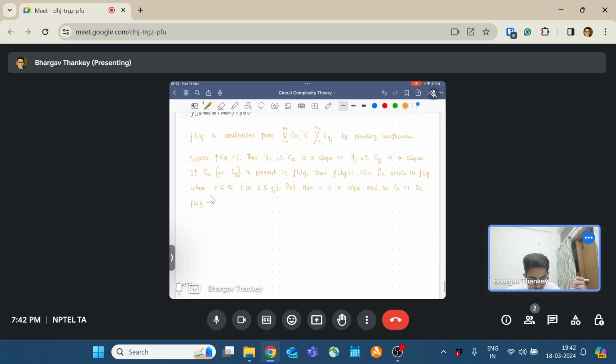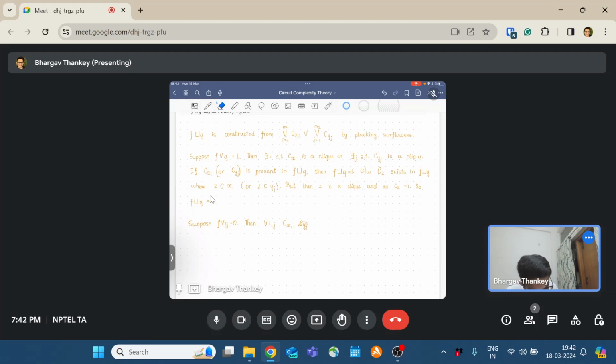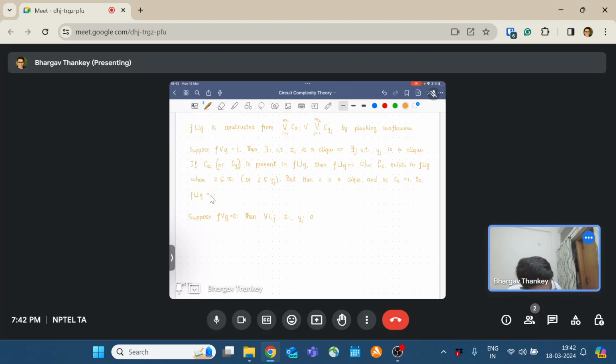For all i, j, they should be extensive. But while plucking the sunflower, we might introduce a clique, right? For example, let's say you have a few petals.